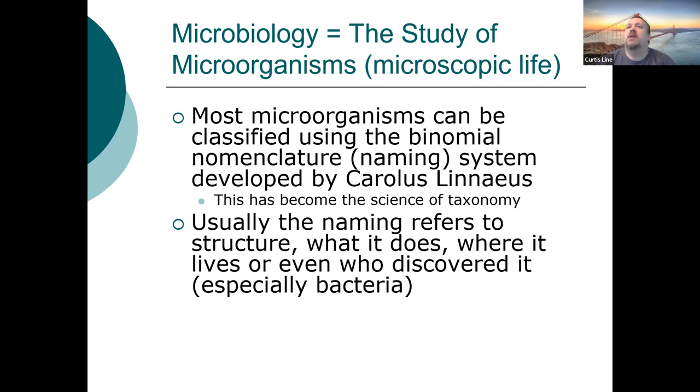Now, you have to remember that the stuff we talk about in our class has been on the planet for billions of years, but people didn't know anything about it until the last couple hundred years. It's kind of weird with microbiology because, when you think about living things on Earth, you think about plants and animals.